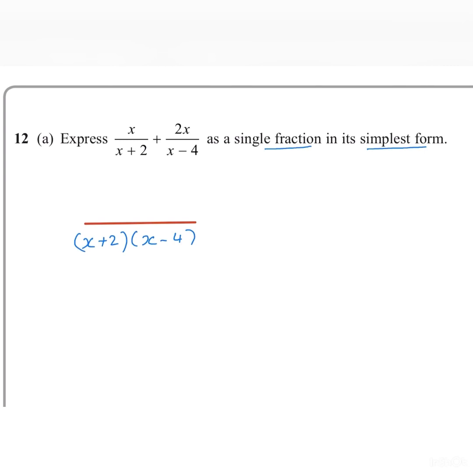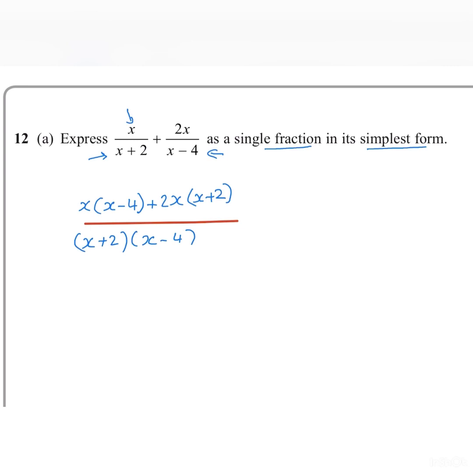Then we can look at the denominator here. x plus 2 times x minus 4 makes the denominator. So we're going to multiply this x with x minus 4. And then the next one, again, x minus 4 times x plus 2 makes the denominator, so that has to be multiplied by 2x and x plus 2.